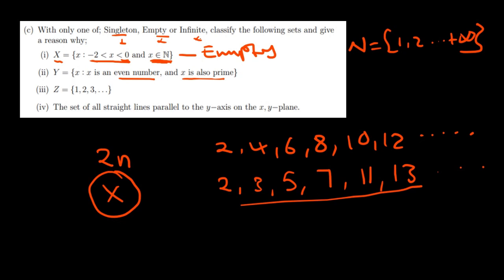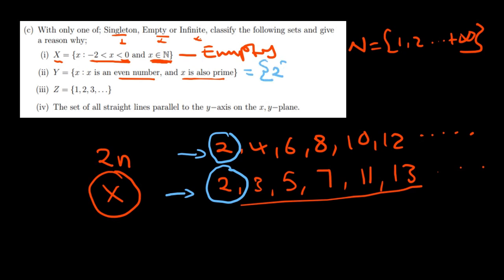Prime numbers. So that number is only one. Okay, as we can see from the list that I've given here. So we only have one number which is prime and it's also even. It's just the 2 there. Okay, so the 2 is prime and it's also even. So it means this set y here is going to contain only 2.